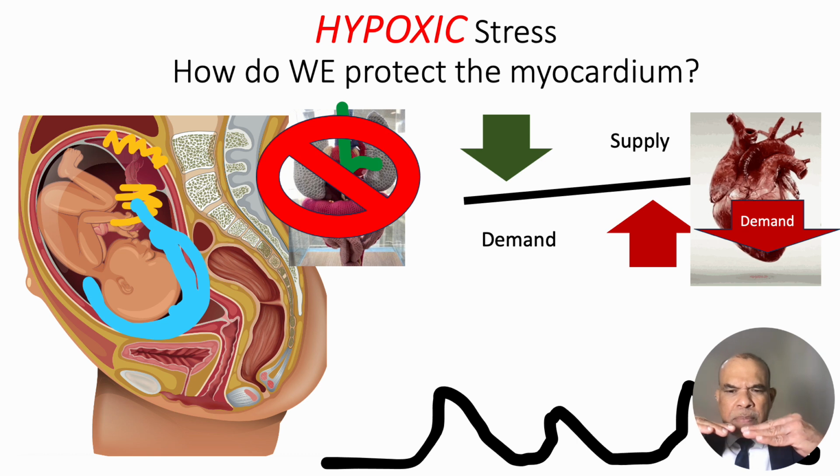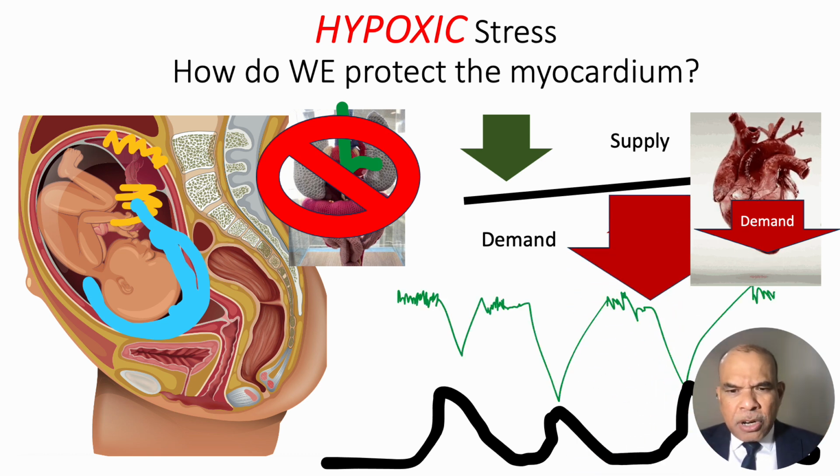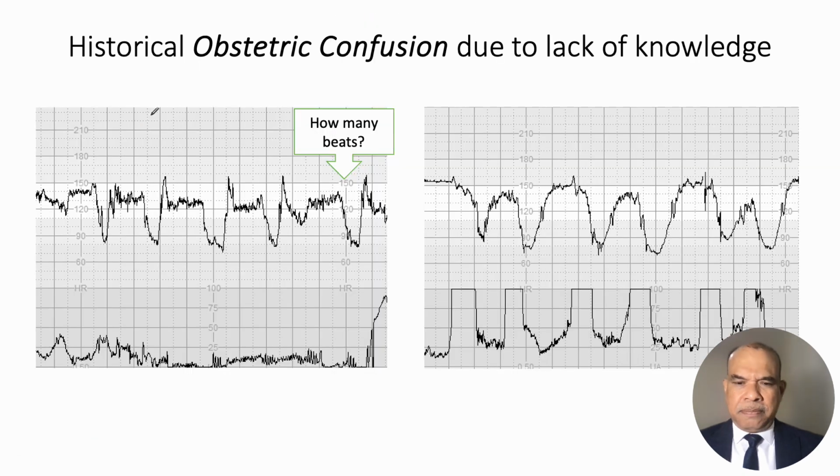So as long as we maintain the demand-supply equation, there is no anaerobic metabolism and there is no development of lactic acid. So decelerations, we have defined the same in FIGO guidelines in 2015, 2018 Physiological guidelines and 2024 Physiological guidelines, that these are reflex cardioprotective responses to reduce the myocardial workload, to protect the myocardium.